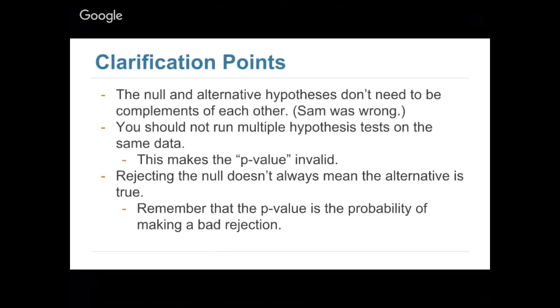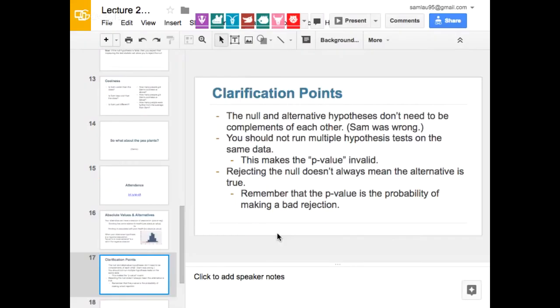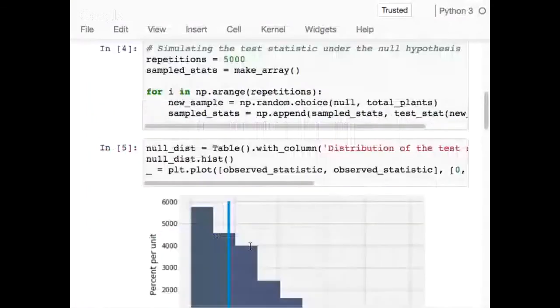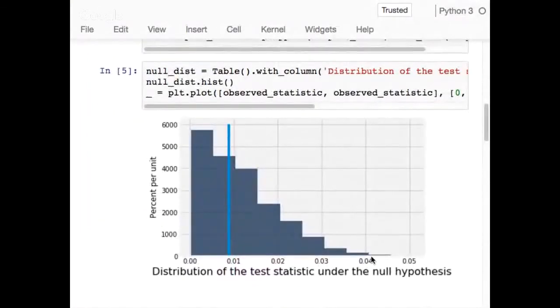Can you just apply the definition of the p-value to the p experiment? So you're saying repeat that, but in the context of the p experiment? Yeah. So let's go back to my original example. My p-value is the probability of getting at least this far away from 75%.